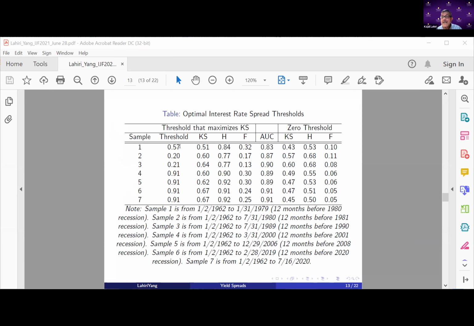Inversion of the yield curve means threshold zero. It's never zero. It was 0.2, close to zero, in 1981, but after that it has been steadily increasing. Right now it is around 0.9. So don't wait for the yield curve to get to zero. You should call recession much before that.